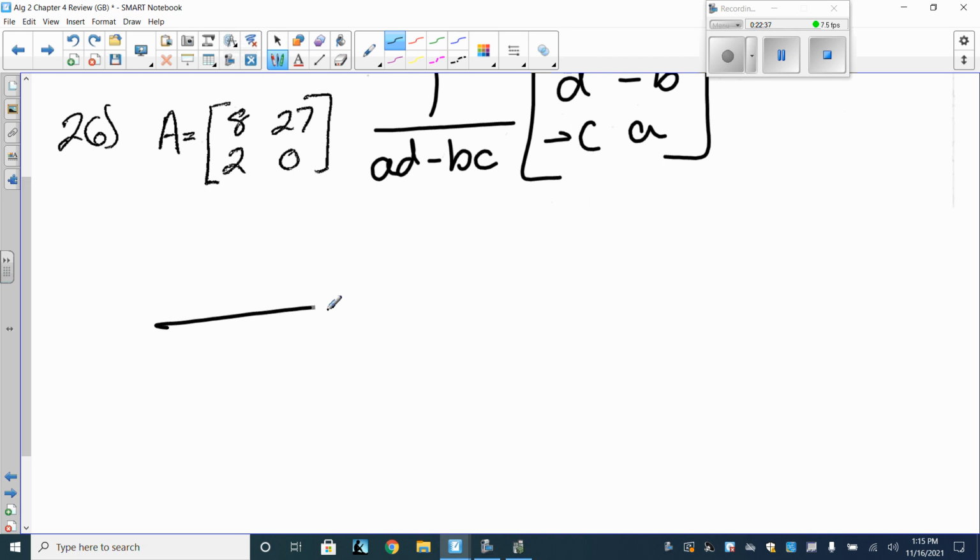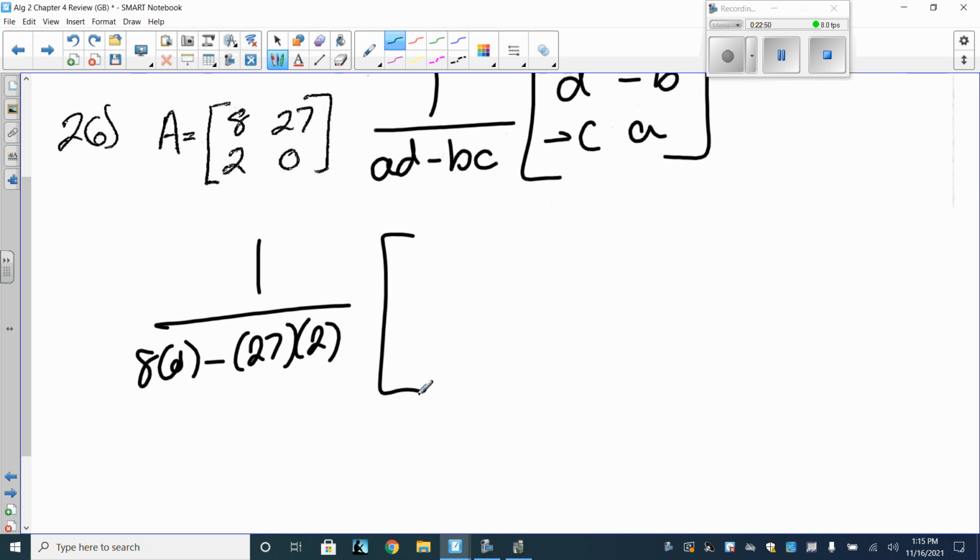Now for this here, because we'd have 1 over AD minus BC, well, AD would be 8 times 0 minus 27 times 2. Well, A and D would switch, so our first number is now 0. Bottom right is 8. On the 1 over AD minus BC, why is 8 A?